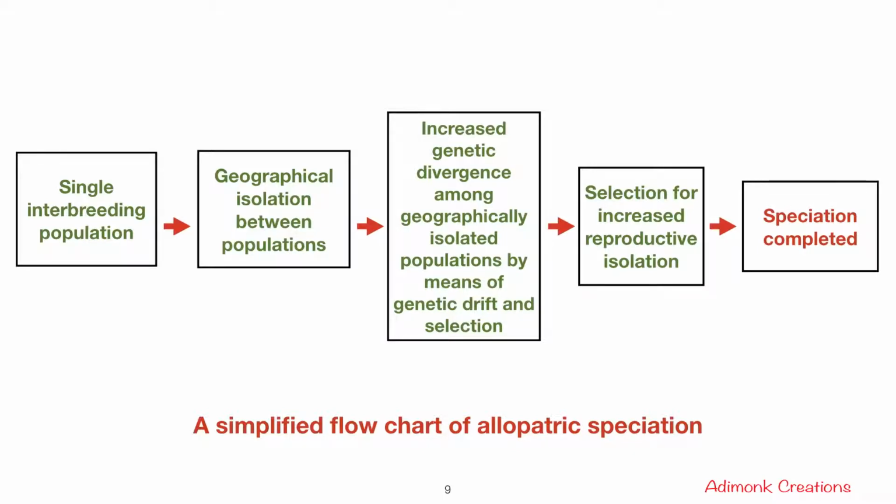Because of this genetic drift and selection, selection for increased reproductive isolation takes place, and then these two populations finally become two new species. When the two populations become two completely different species, we say that the speciation has been completed.